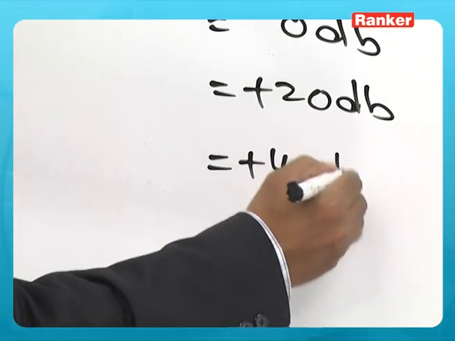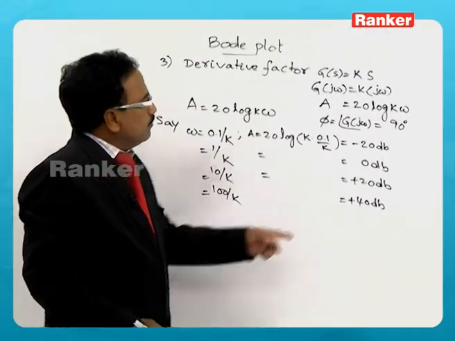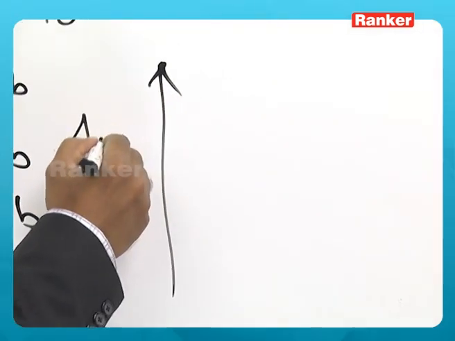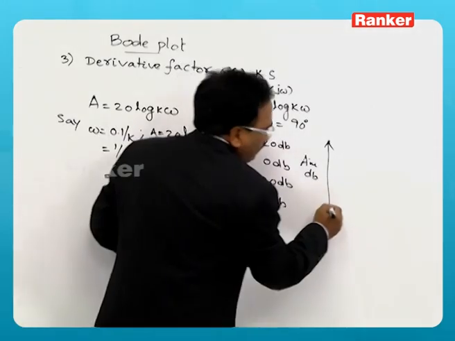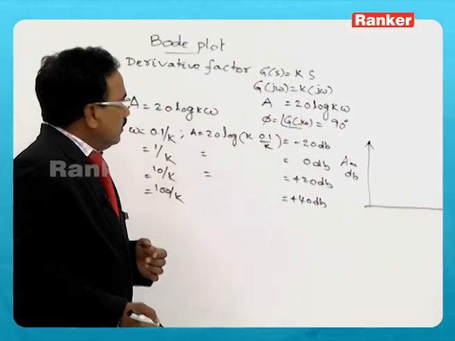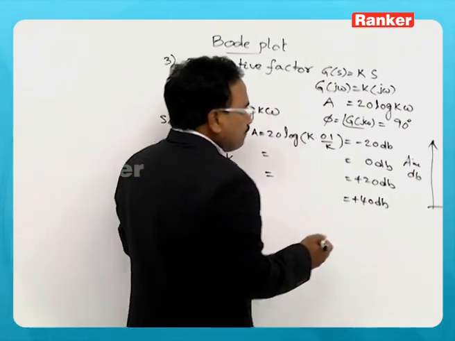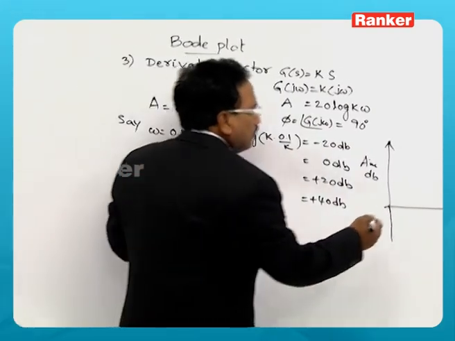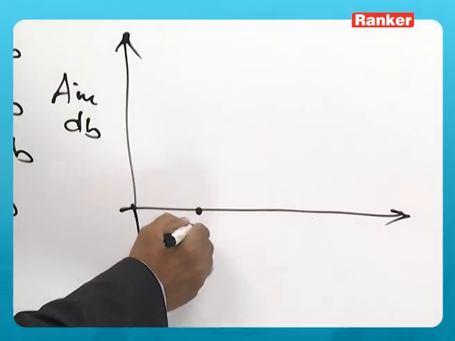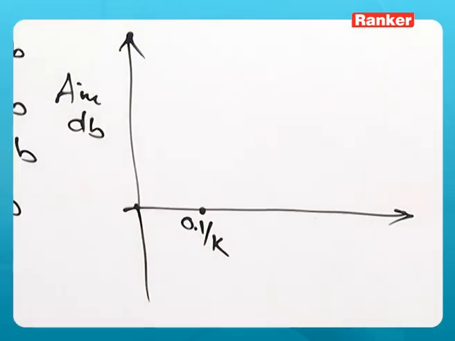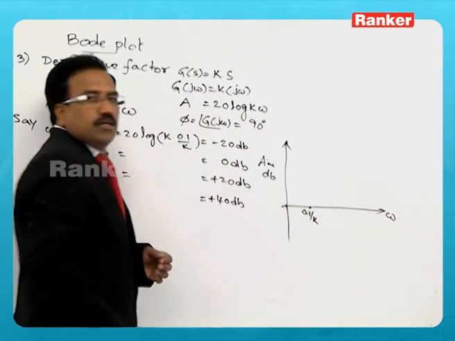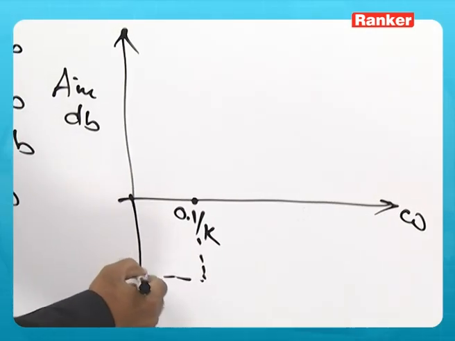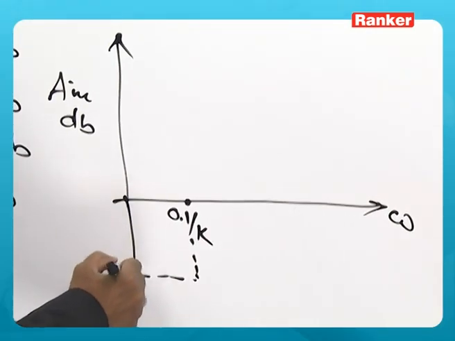So, what do you understand from this variation is, consider the magnitude in decibels on y axis and frequency again on log scale on x axis. If you start from 0.1 by k, say somewhere here, for omega on log scale, the value of the magnitude is minus 20 dB.